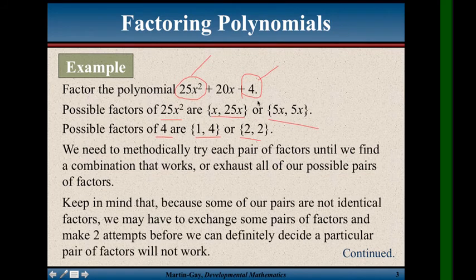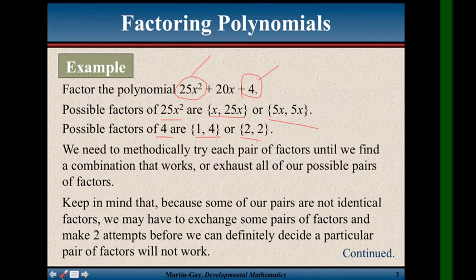Keep in mind that because some of our pairs are not identical factors, we may have to exchange some pairs of factors and make two attempts before we can definitely decide that a particular pair of factors will not work.